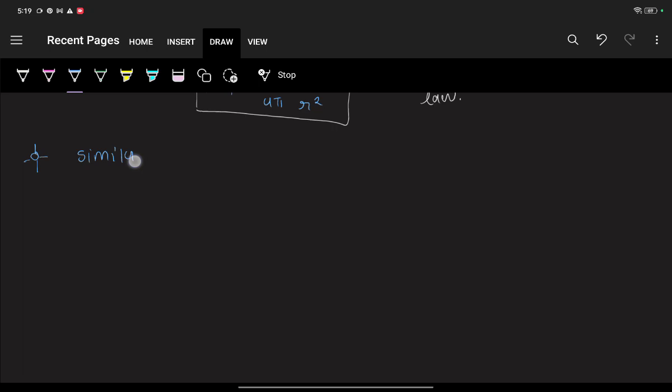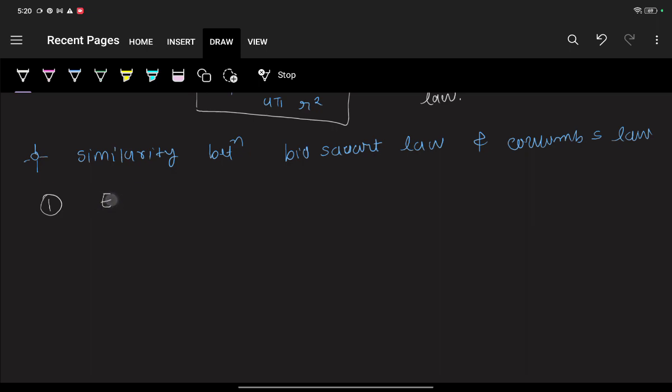So the first similarity is that both depend inversely on the square of the distance, okay? Both are long range force.